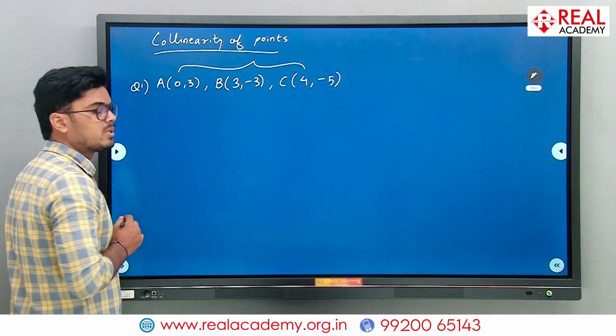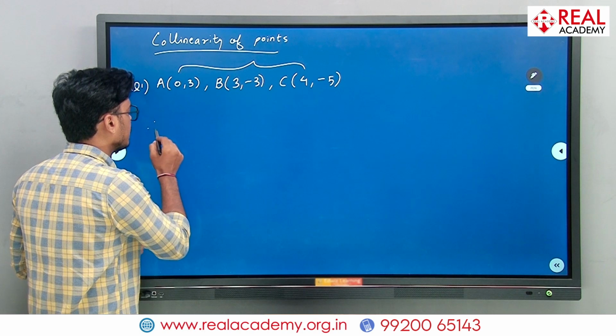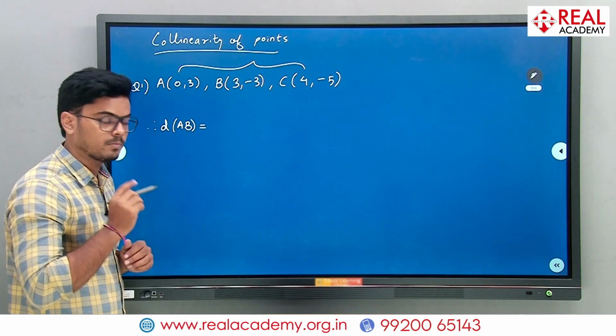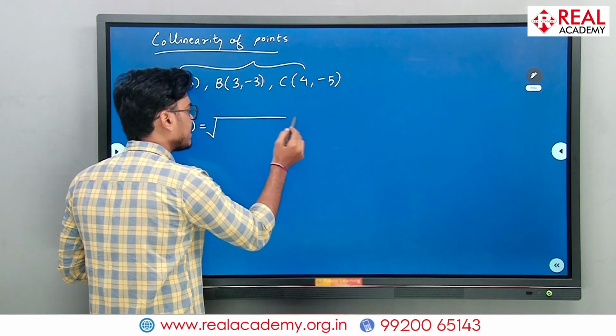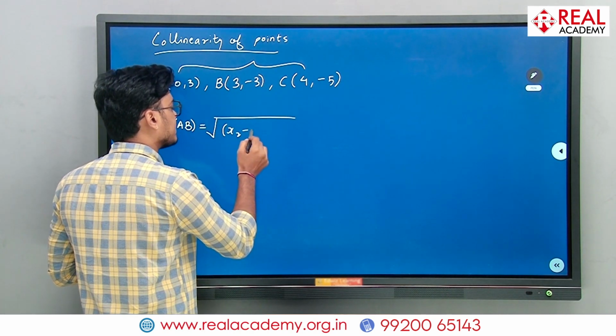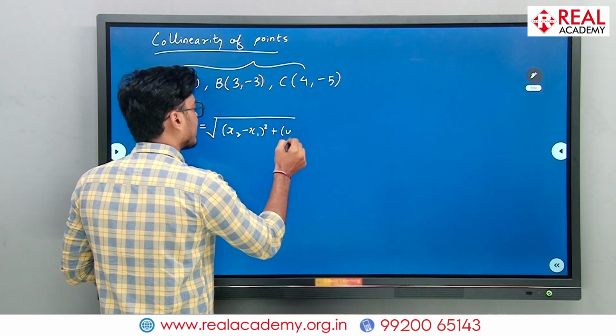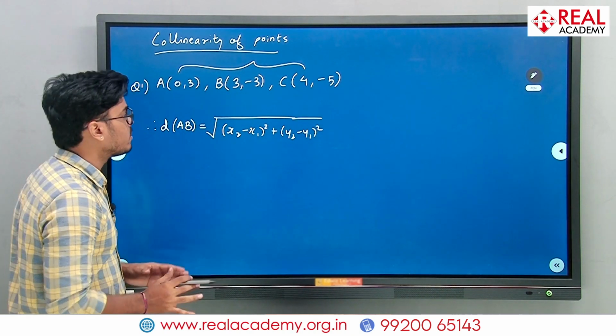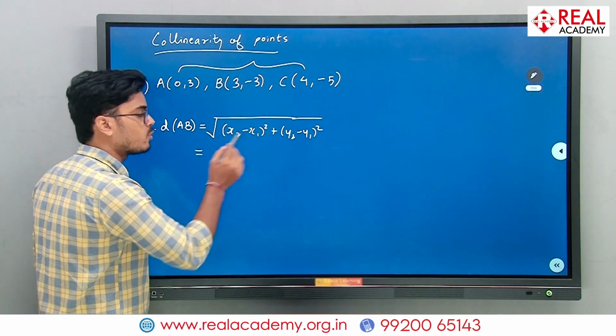Okay, first find out distance between AB. We all know the formula. By now you should have it memorized: square root of x2 minus x1 the whole square plus y2 minus y1 the whole square. Correct? This is the formula. So substitute the values of x2, x1, y2 and y1.